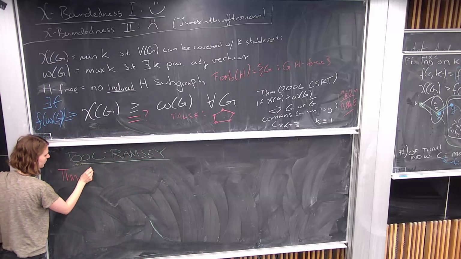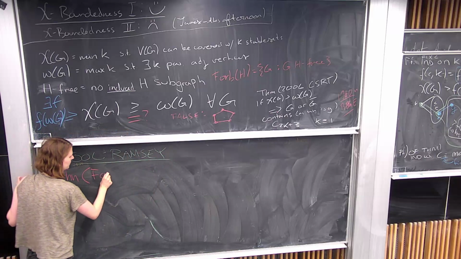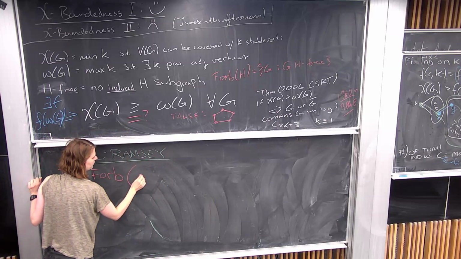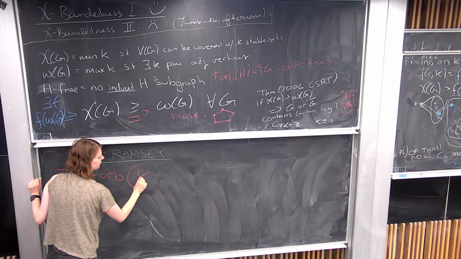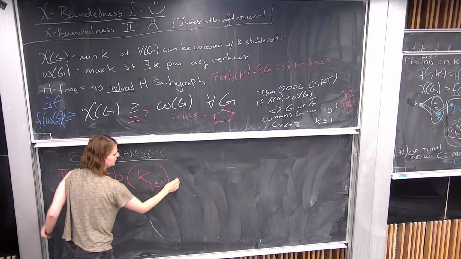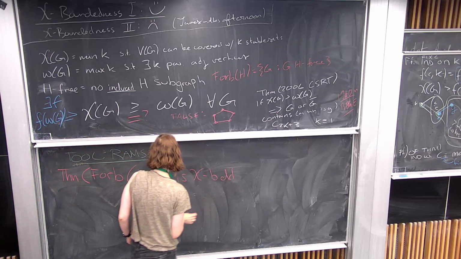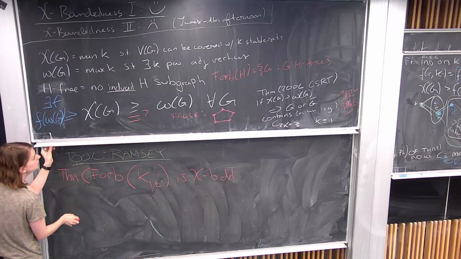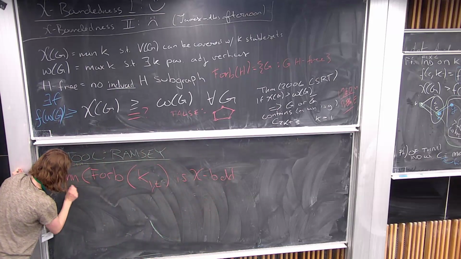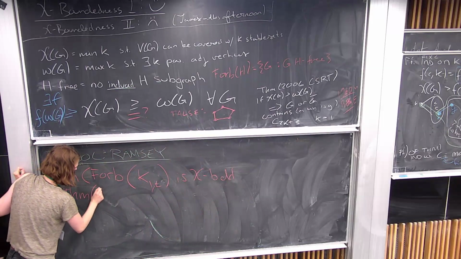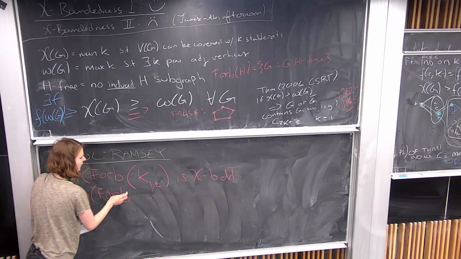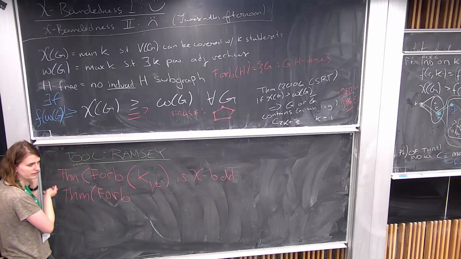So forbidding K_{1,t}, a star, is chi-bounded. And also forbidding a star where you add a path on the end is also chi-bounded.